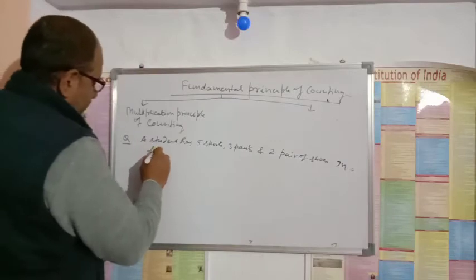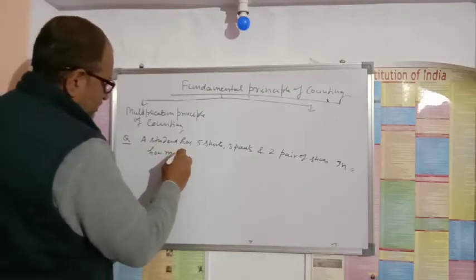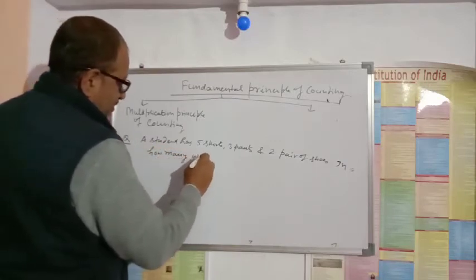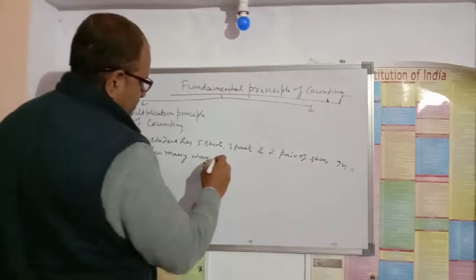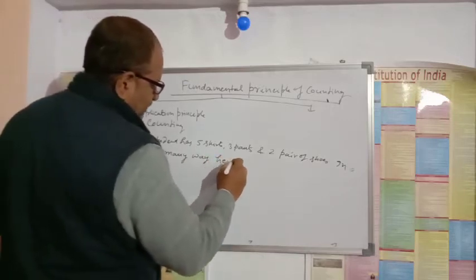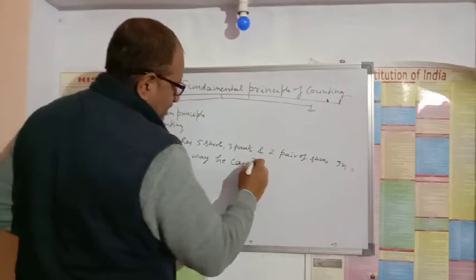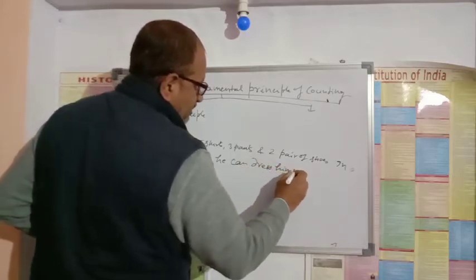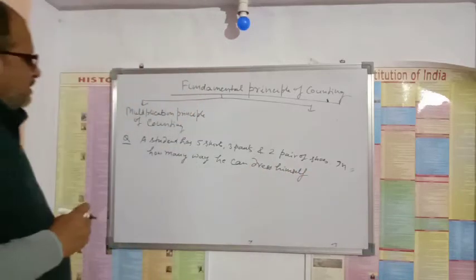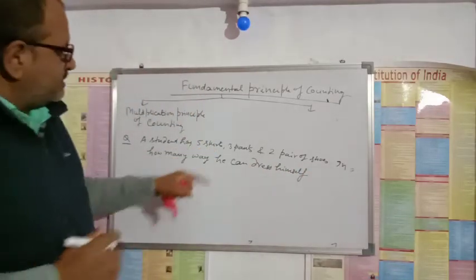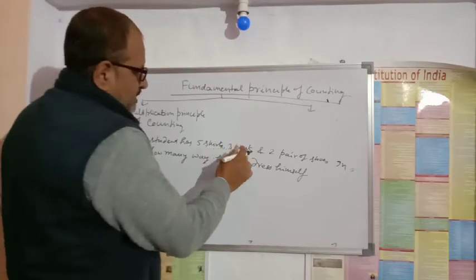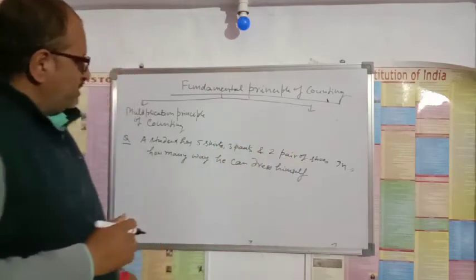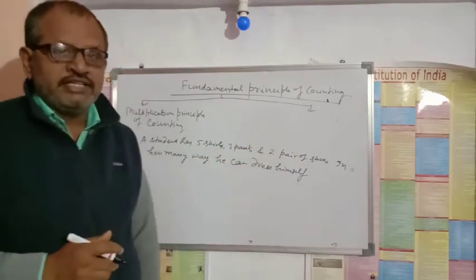In how many ways he can dress himself? A student has 5 shirts, 3 pants and 2 pair of shoes. In how many ways he can dress himself?